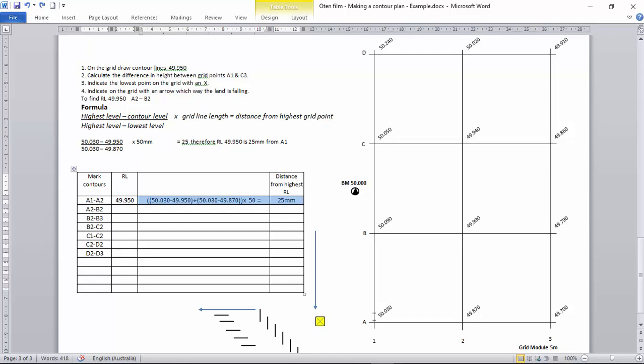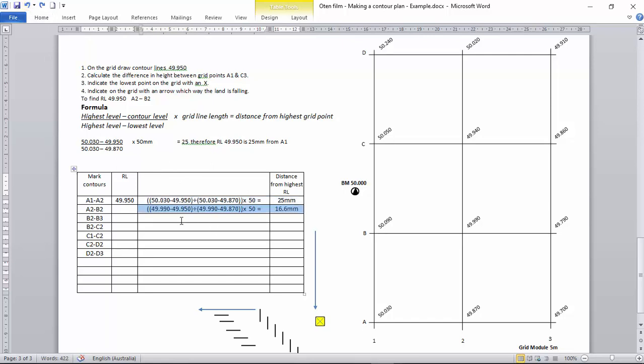So in this instance, A1 to A2, we've got the highest height of 50.03. We take away our RL of 49.95. Then we divide that by our highest RL minus our lowest RL, which is A1 and A2. And we times that answer by 50, and it gives us a distance from the highest RL of 25 mil.